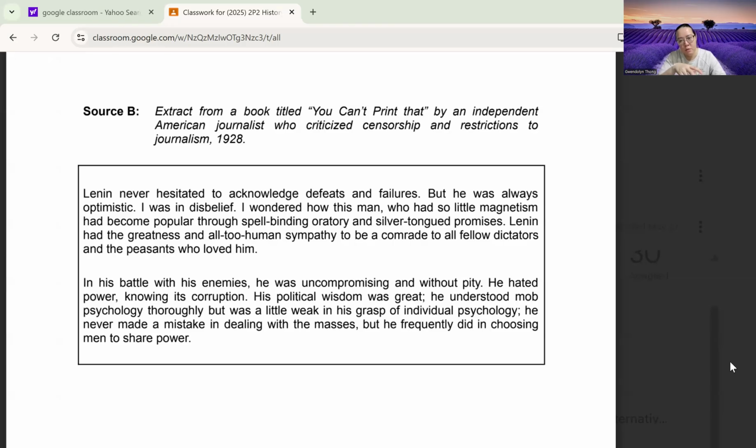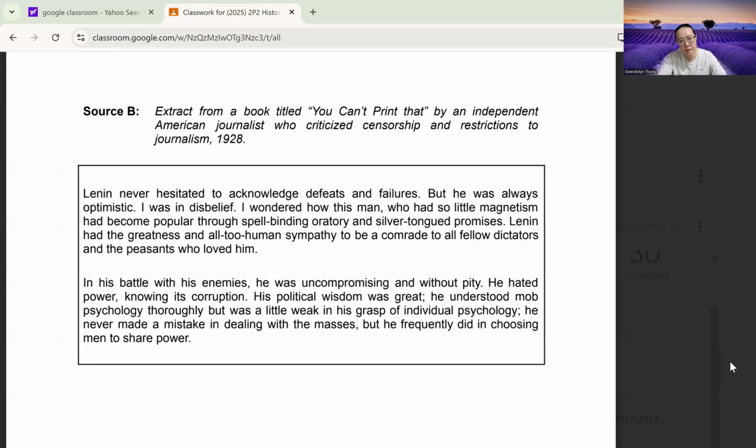So that's an important contextual knowledge for you to have in terms of understanding the person who's actually using censorship and restriction as a tool to govern. And that's Lenin.